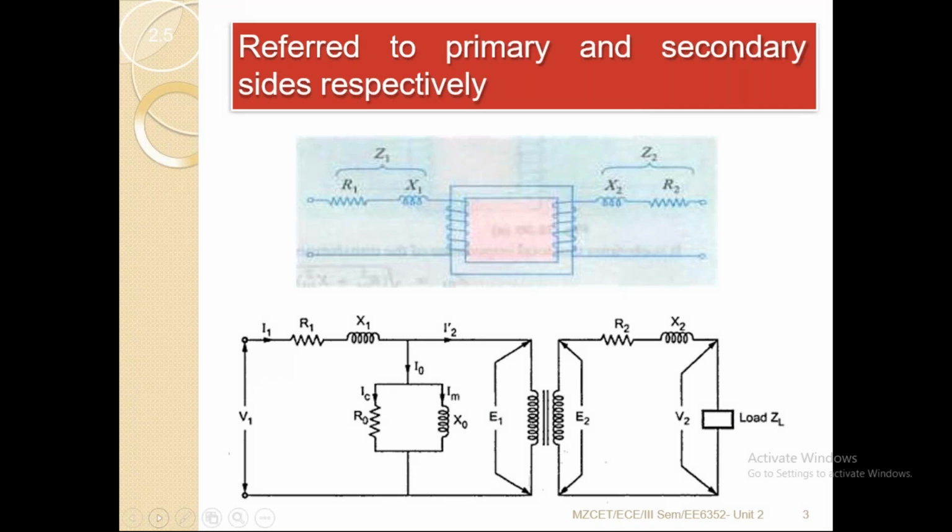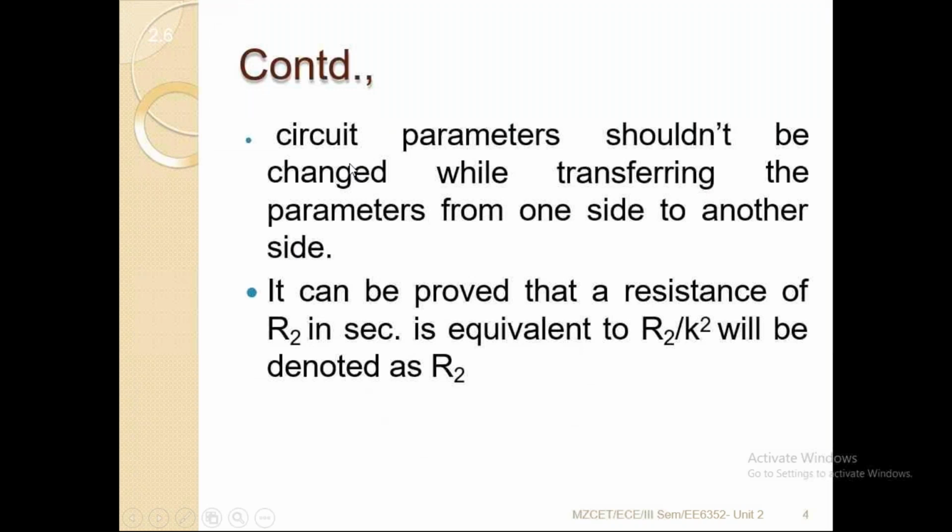Next, see here, circuit parameters cannot be changed while transferring the parameter from one side to another side. If the resistance is 10 ohms, the 10 ohms resistance does not change by itself; additionally it is modified by the transformation ratio. It can be proved that the resistance R2 in the secondary is equivalent to R2 by K square, which will be denoted as R2 dash. Where do we have the R2 element, primary circuit or secondary?